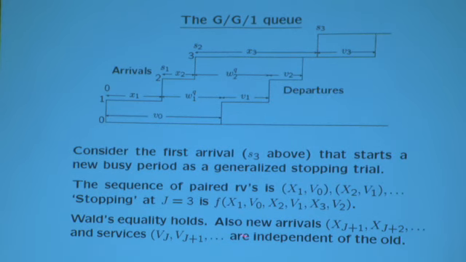V sub j plus 1 and so forth are all independent of the old arrivals and the old service times. So in fact, this is actually saying that everything that happens after this jth arrival is independent of everything that happens before.